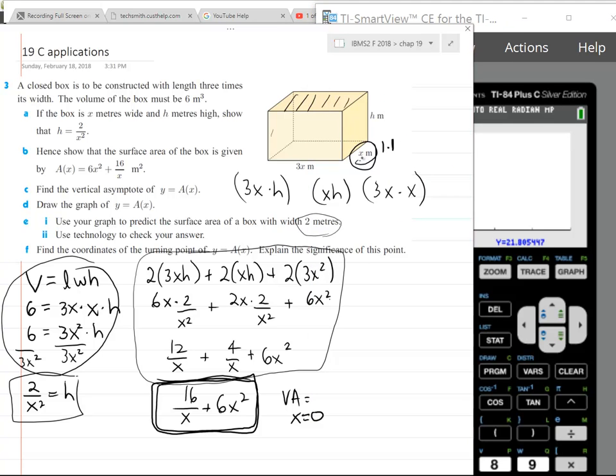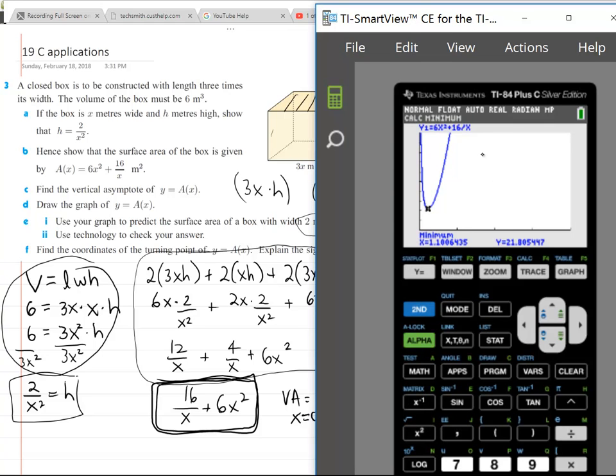Because if this is X and this is 3X, as this gets smaller, this is going to get taller, get longer. So this box becomes a flat, skinny box instead of a normal sized tissue box or whatever. And as we move positive past that, our X values are getting bigger, but our surface area is increasing because we're changing some of the values.